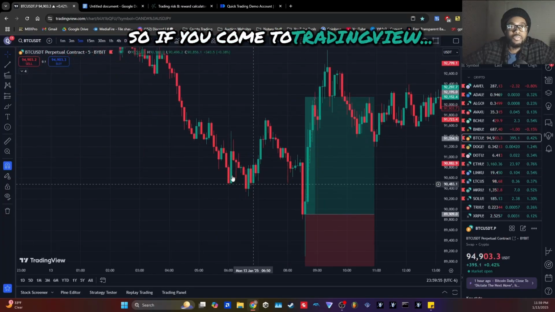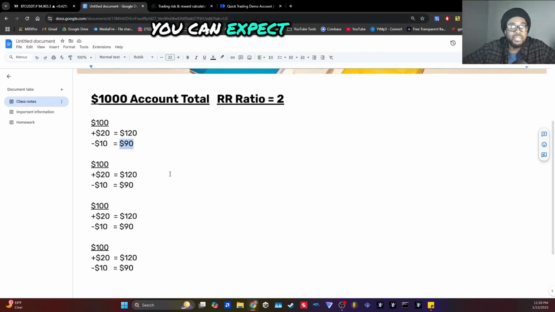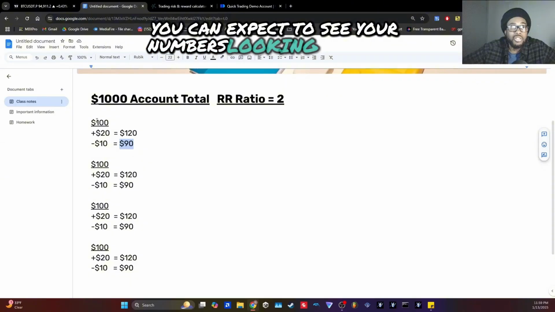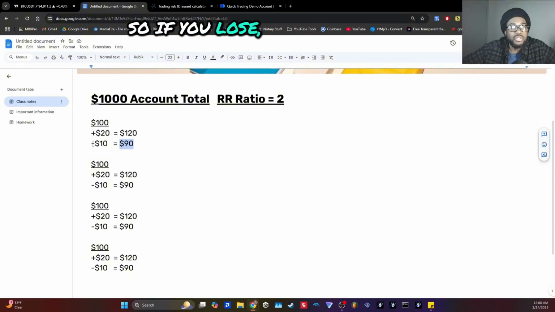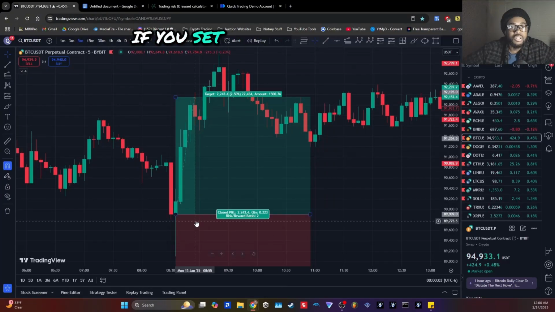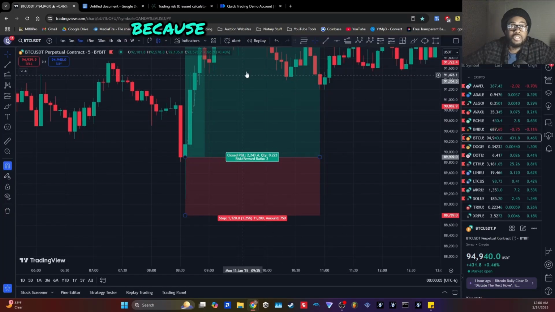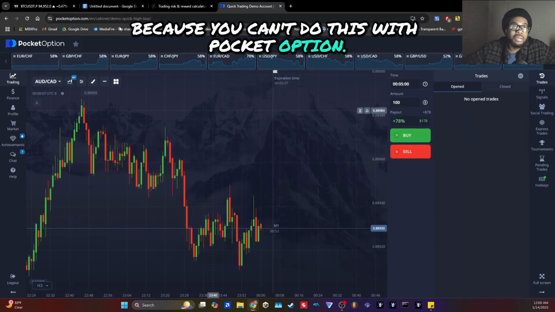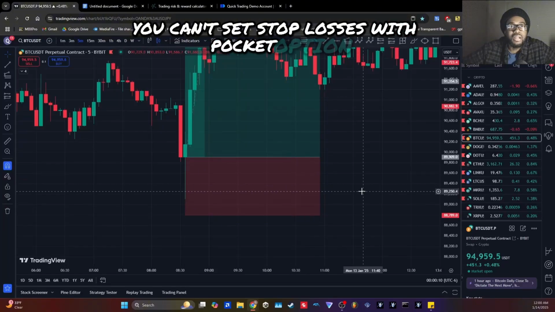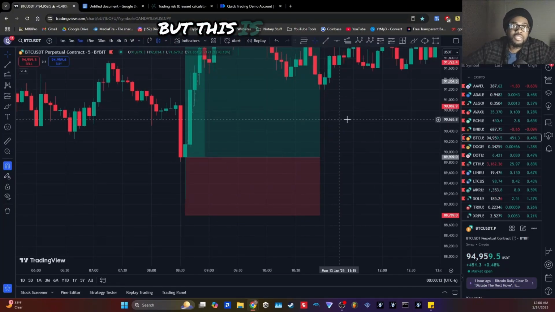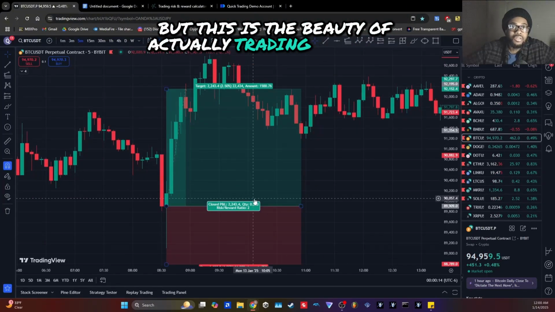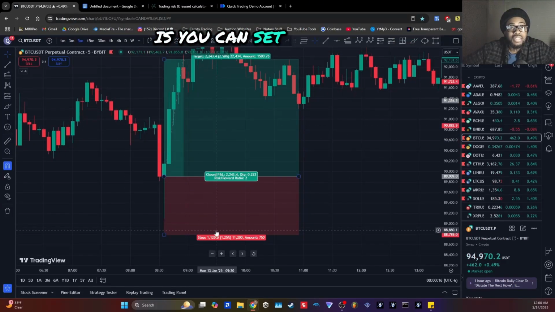So if you come to TradingView, you can expect to see your numbers looking like this. So if you lose, the max that you can lose is where you set your stop loss here, because you can't do this with Pocket Option. You can't set stop losses with Pocket Option. Either you win or you lose. But this is the beauty of actually trading normally, is you can set stop losses.